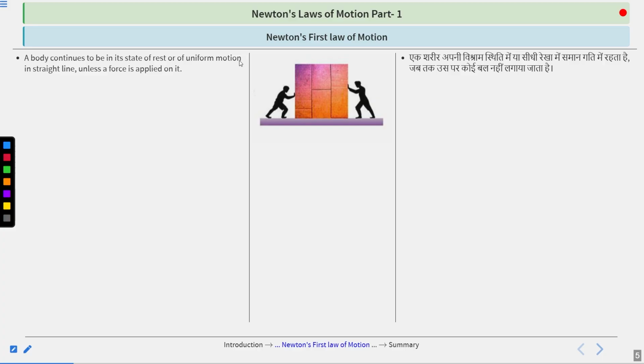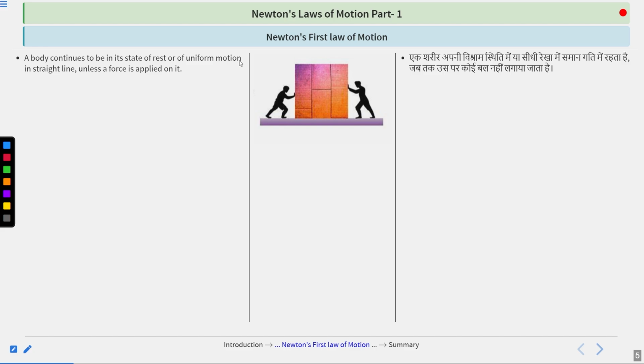What it means is, if there is any body in a rest position, it is not in motion, it is at rest. That body will remain at rest till some force is applied on it, so that the body changes its initial state of rest to a state of motion.